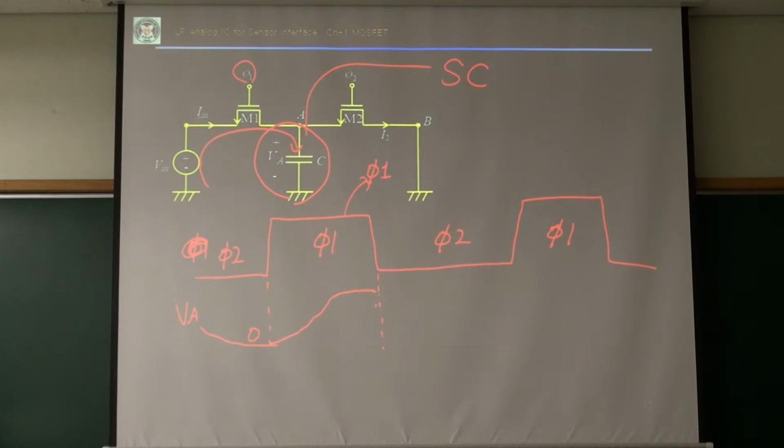This voltage is, for example, at Tn, and this is Tn plus 1. So this time period is 1T. Capital T is the period of this sampling clock. Then in phi 2 phase it loses again to 0. Give me charge again.